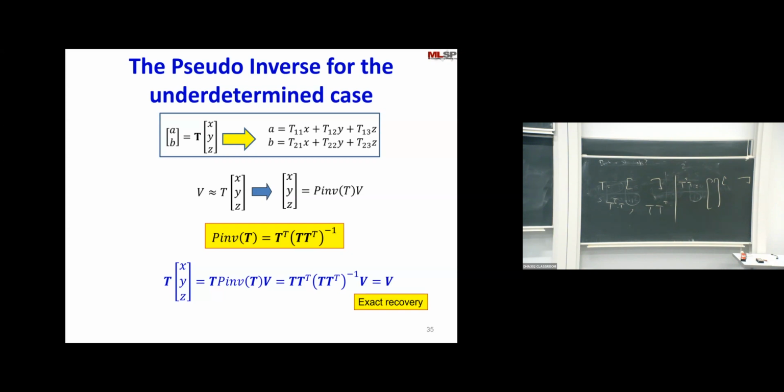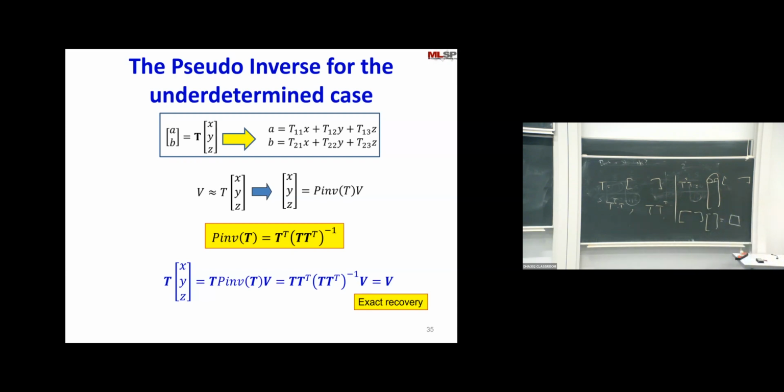You see, the rank is going to be the number of columns, right? This is not invertible. The rank over here is just going to be this much, not this little matrix, right? Well, if I look at T T transpose, this is going to be this line times this line, whose size is, correct?